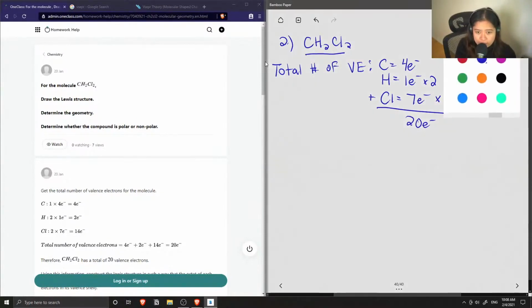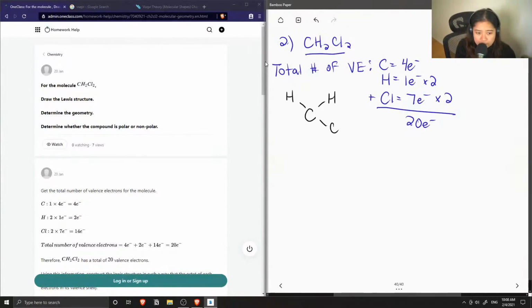So now when we draw out the Lewis structure, we can start off by drawing out a skeletal structure with carbon as our central atom. And then I can show the 2 bonds to hydrogen and 2 bonds to chlorine. And now I can fill out the octet in chlorine by drawing in all of the lone pairs.